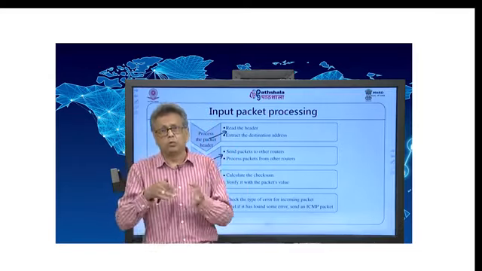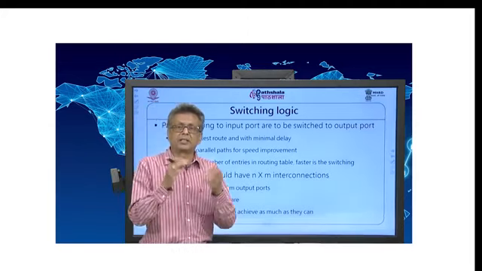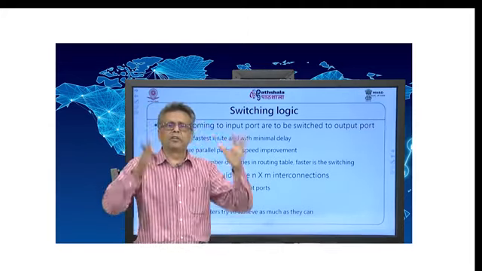After lookup, we have the switching logic. Packets coming to an input port are to be switched to the output port. The best case is where we have fixed input ports and fixed output ports, and they are all exclusively different. For example, I have 4 input ports and 4 output ports, all of them with the same speed: 1, 2, 3, 4 to 1, 2, 3, 4.